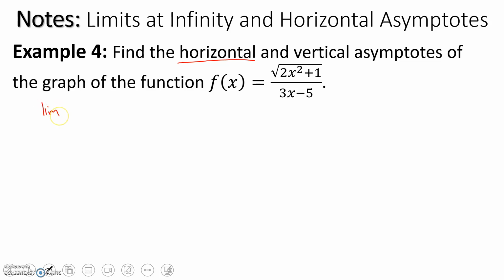So we're going to approach infinity. Let's look at the limit of our function, square root of 2x squared plus 1 over 3x minus 5 as x approaches infinity. Note here that our largest degree is in fact only x and not x squared, because this 2x squared is under the radical, meaning as far as its degree is concerned, it's half of the x squared, so it's just x.